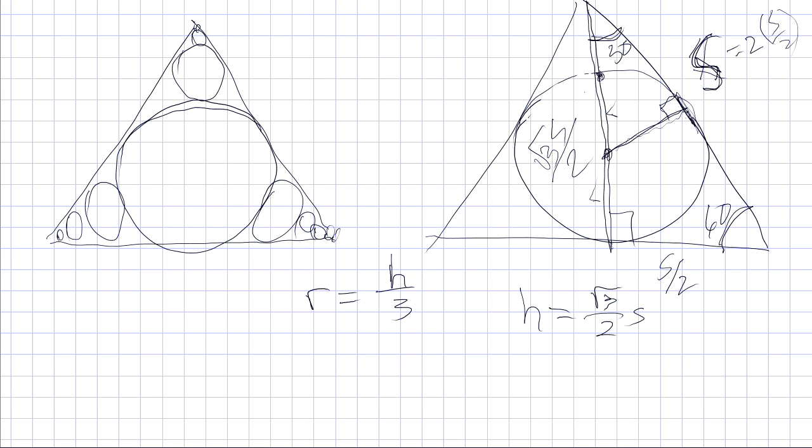Does that make sense? If that's a right angle and that's 30, then what's that angle there? 60. That's right. We got another 30-60 triangle, right? So in this problem, the short side is R, right?